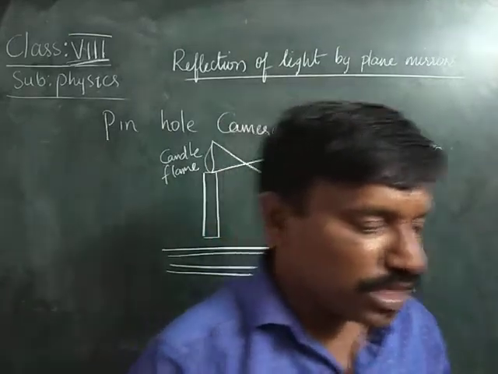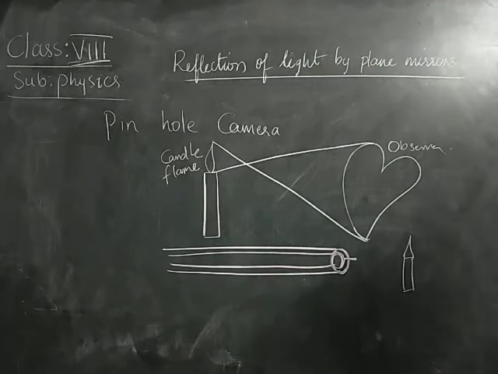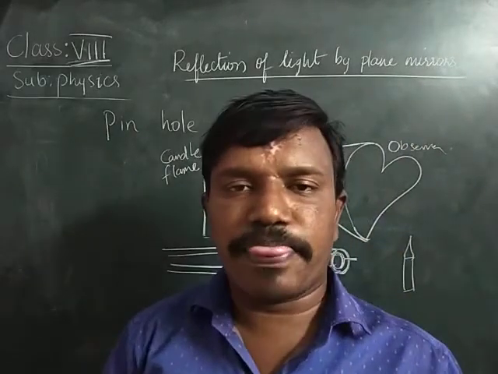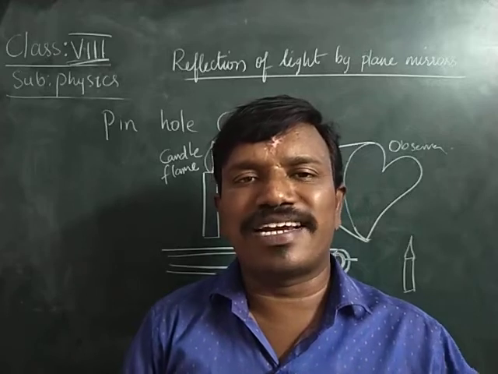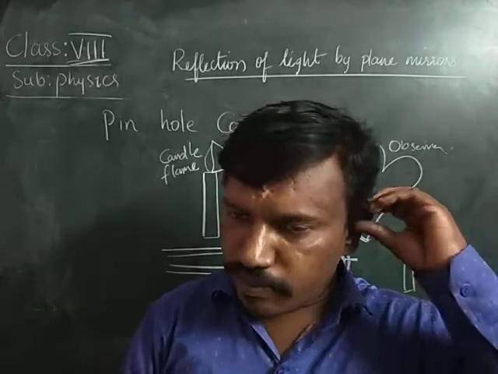Normally, it can be seen in a blurred position. Blurred means it is not exactly seen nicely, it is not clear. Okay, that is about the pinhole camera.